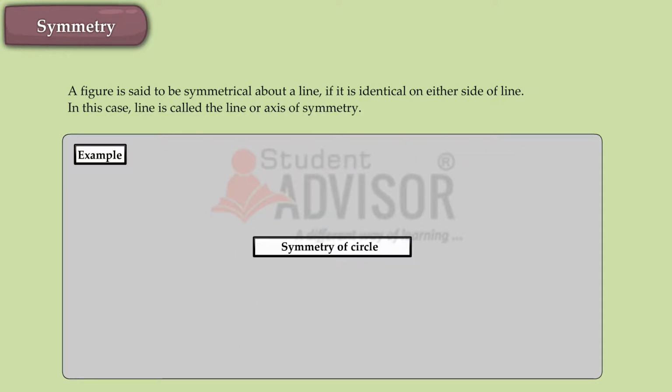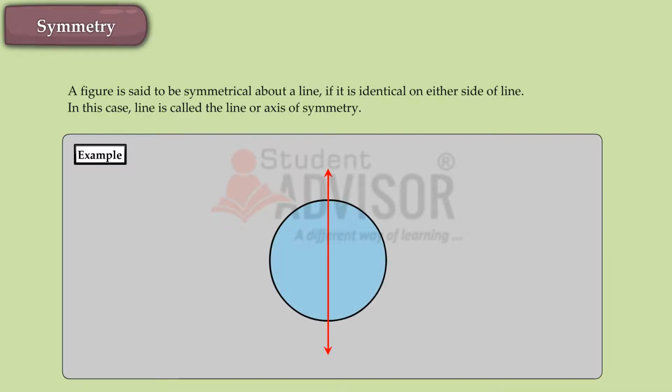Symmetry of circle. A circle is symmetrical about each one of its diameters.